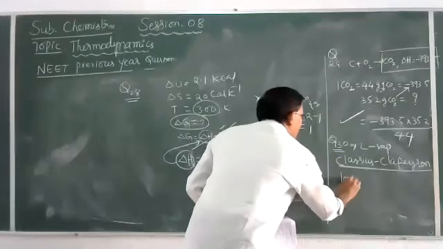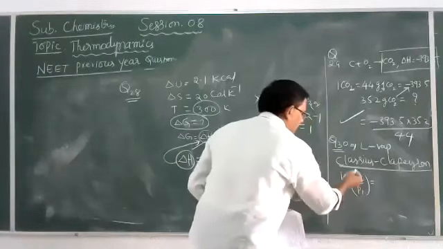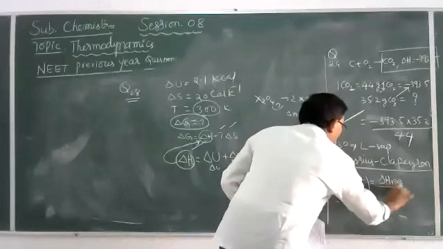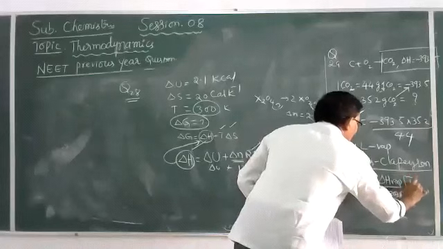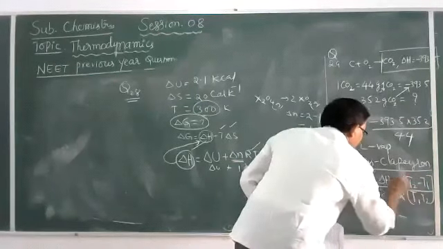That is log P2 by P1, direct relation, without derivation. I'll give the direct statement: delta H vaporization divided by 2.303 R into T2 minus T1 by T1 into T2.